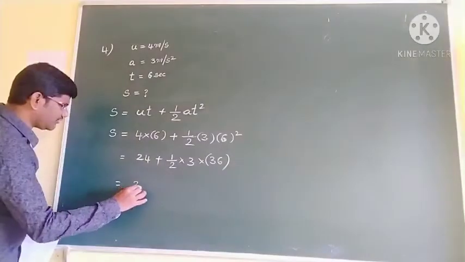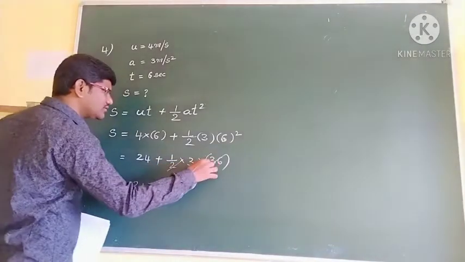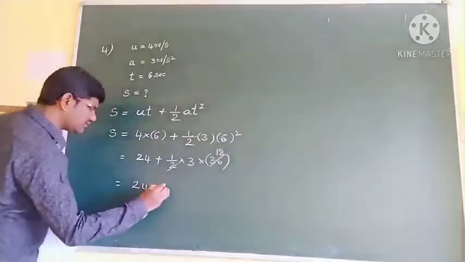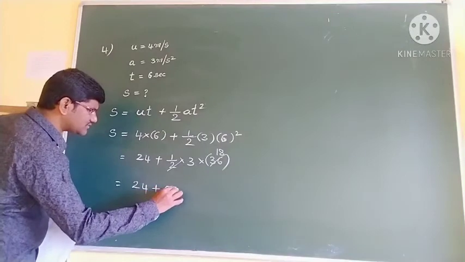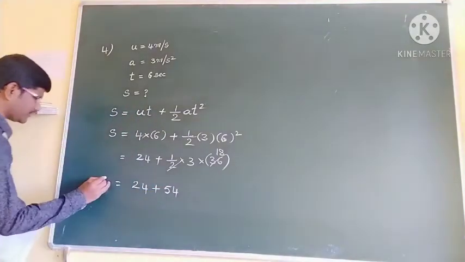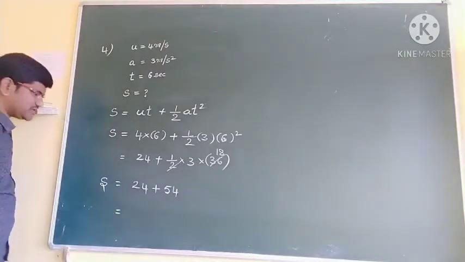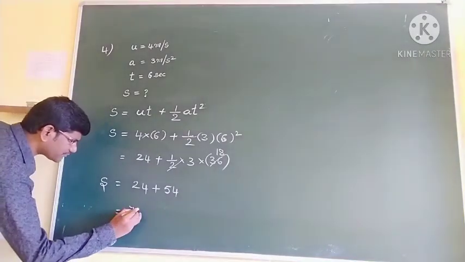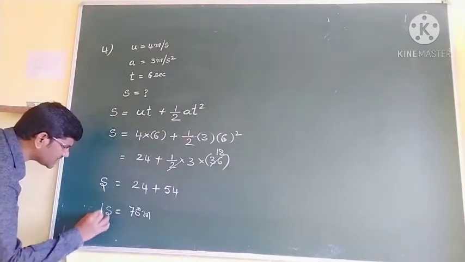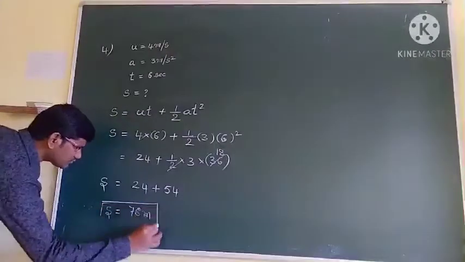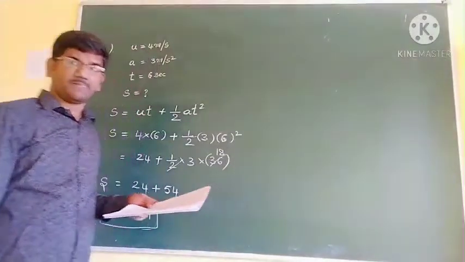So then 24 plus 2 18s are 54. 24 plus 54, how much will you get? 78 meters is the displacement. So the displacement is 78 meters we are getting. Okay students.